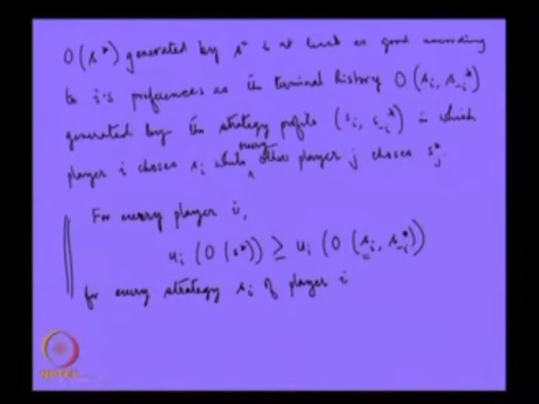And the similarity of this definition with the definition for strategic games is very clear. There we did not have these outcome terminal histories, those things were not there, and instead of strategies what we had was actions, and so every player had an action.